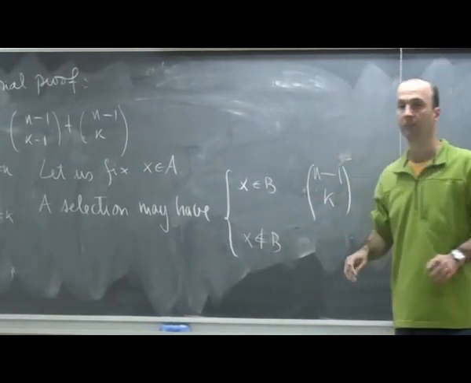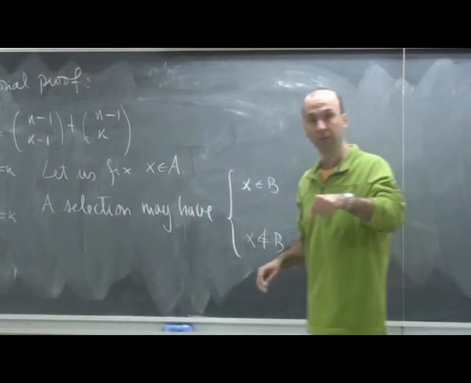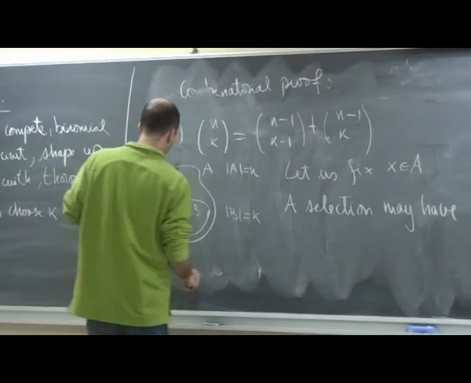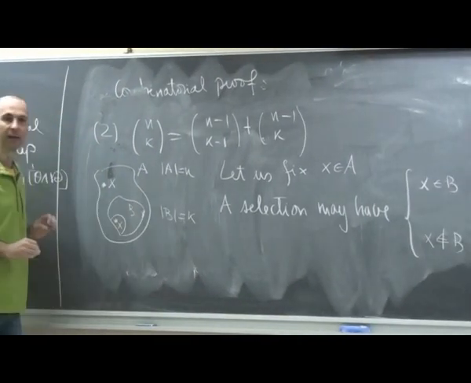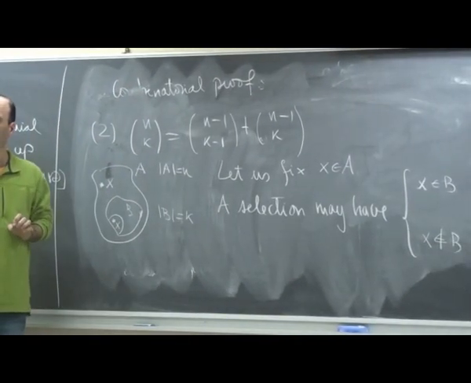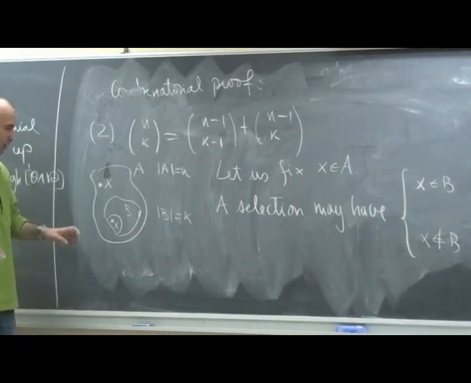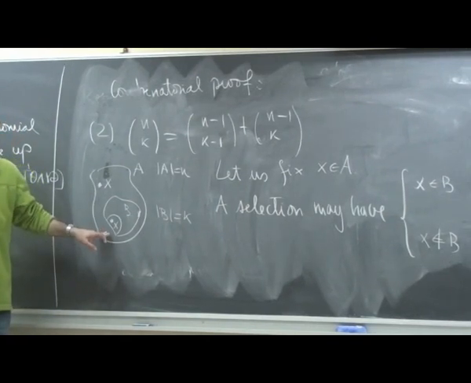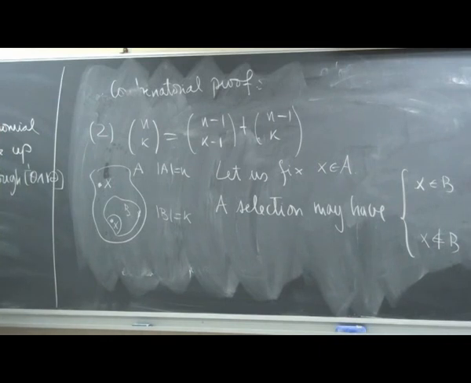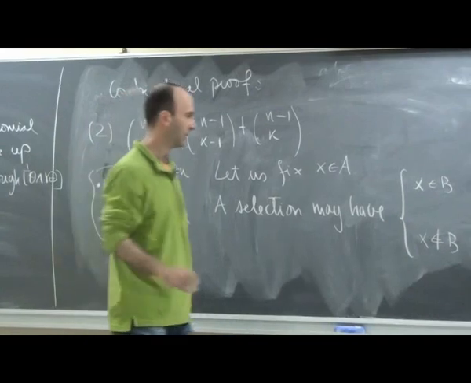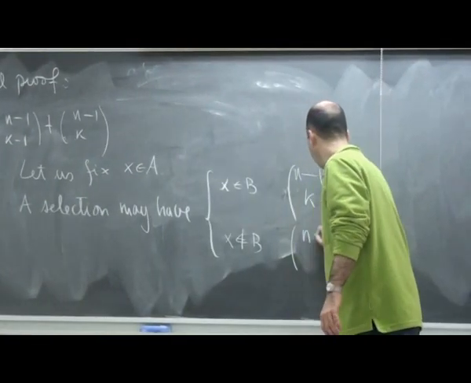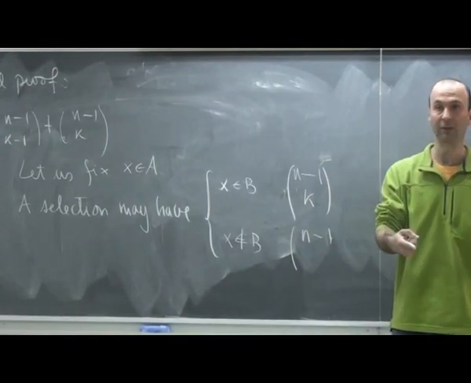But now, the other way around, I want X in my selection. So first of all, I remove it and I put it in my selection box. It's going to be there. What I care about is the rest of my selection.